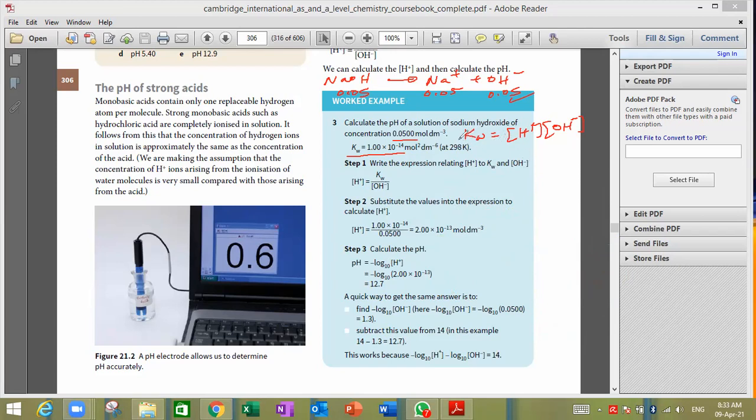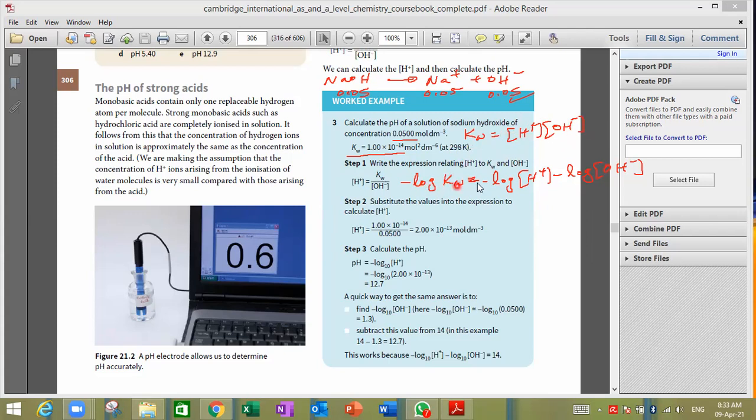So we can take minus log of both sides. So we say that minus log Kw equals minus log the hydrogen ion concentration minus log the OH ion concentration, because from the log properties, if we have two values that are multiplied together and we want to take the logs, then it will be log the first plus log the second.